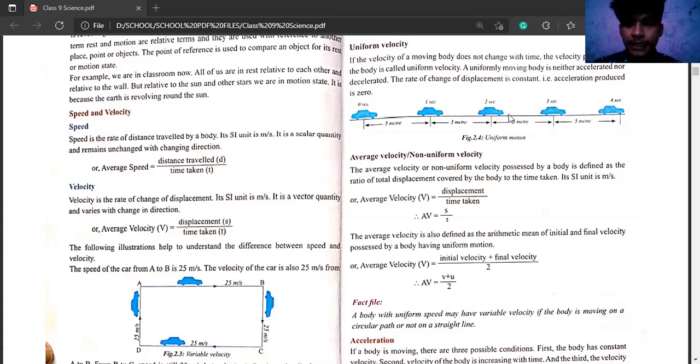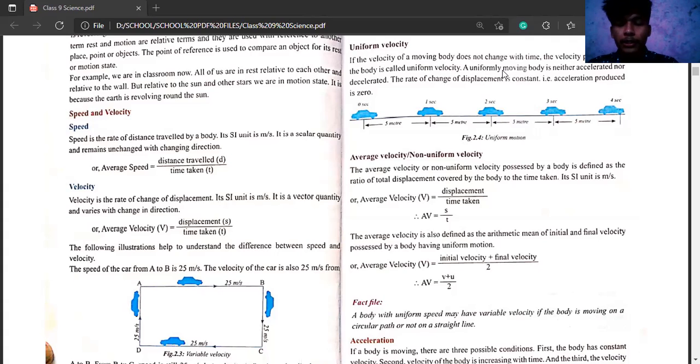The velocity is not changing with time. The time is changing: here we have 0 second, it changes to 1 second, then 2 second, 3 second, 4 second. But the time has changed while the velocity remains the same. So we can call this velocity uniform velocity.